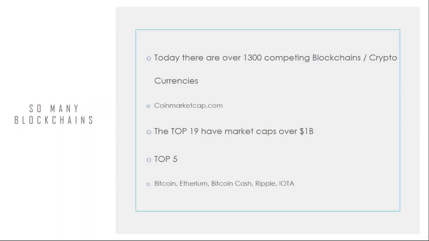If you were to go out on coinmarketcap.com, you would see over 1,300 ICO-based cryptocurrencies out there today. The top 19, and maybe today the top 20, have market caps over 1 billion. Of course, the market cap on all of these is really founded on the belief that there's value out there, because there's nothing behind these things.